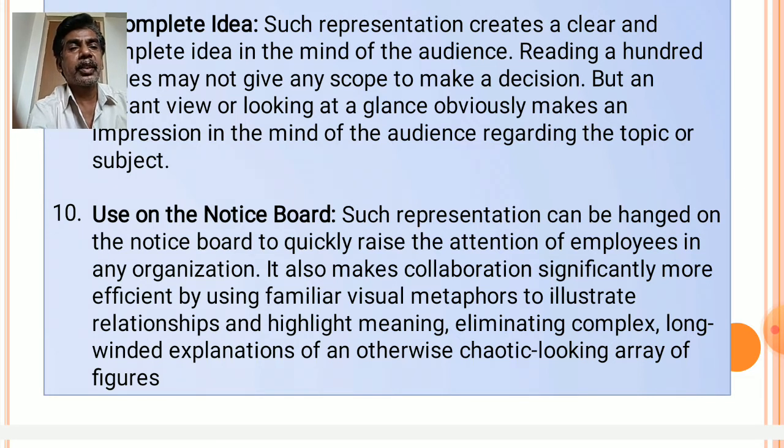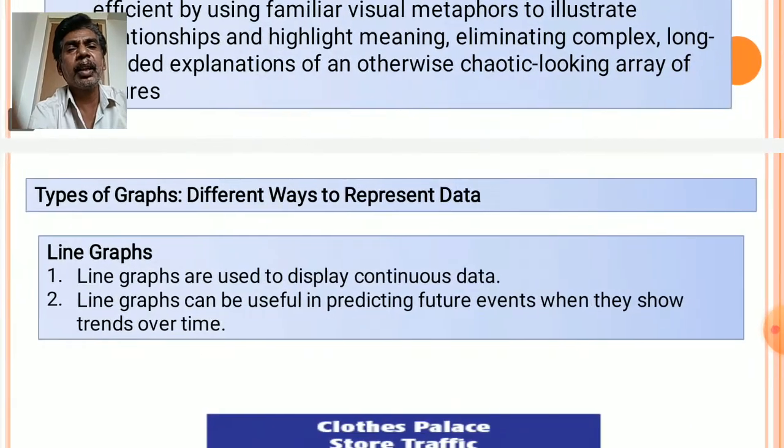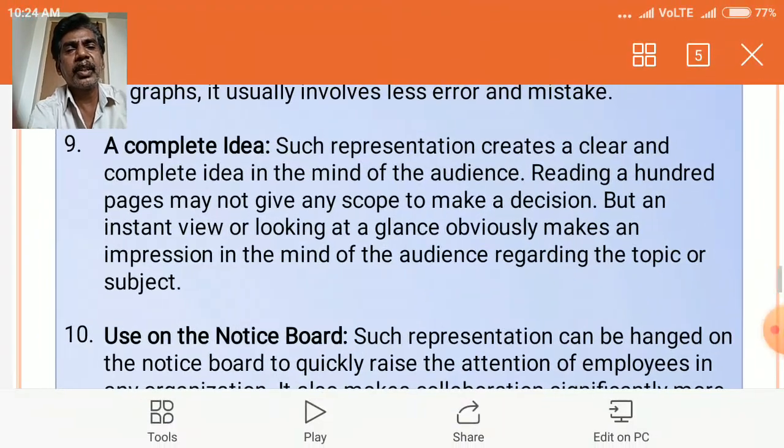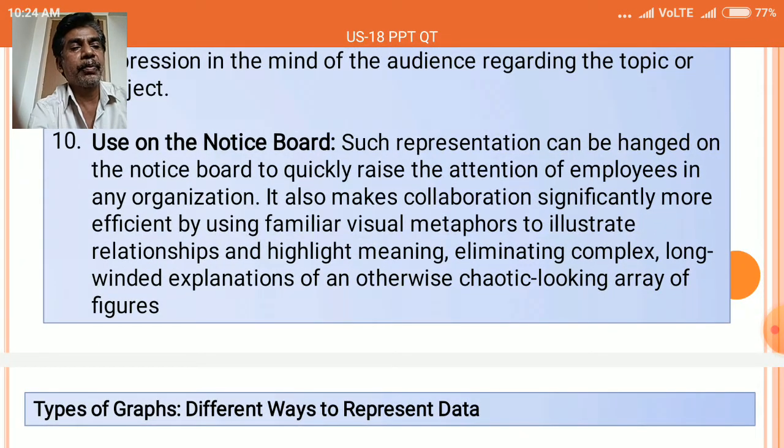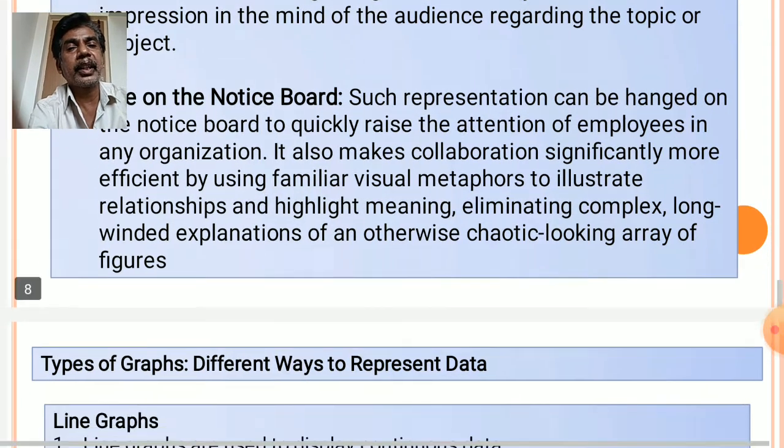Such a representation can be hung on the notice board to quickly raise the attention of the employees in any organization. Now these are the various advantages of graphic presentation or graphs.